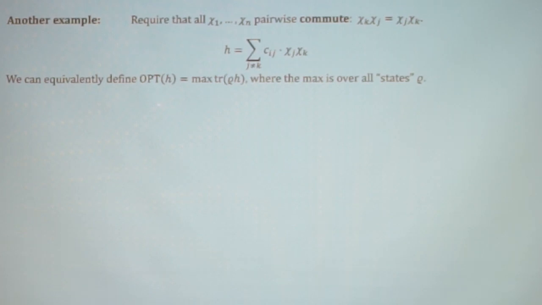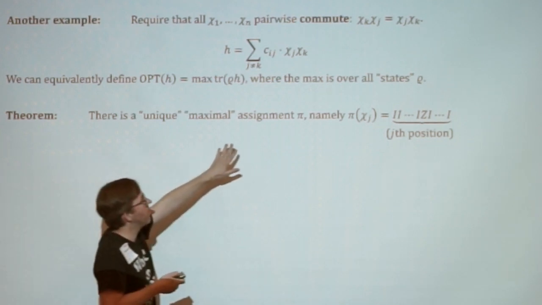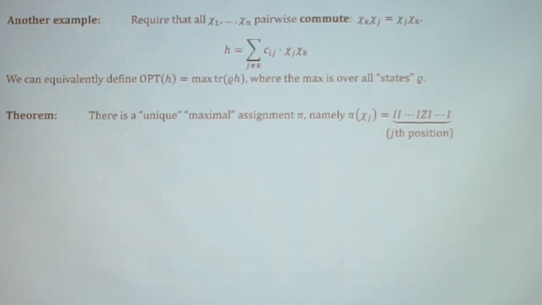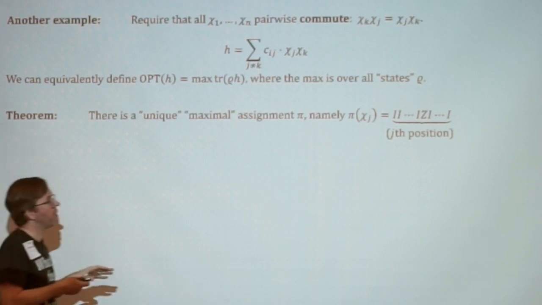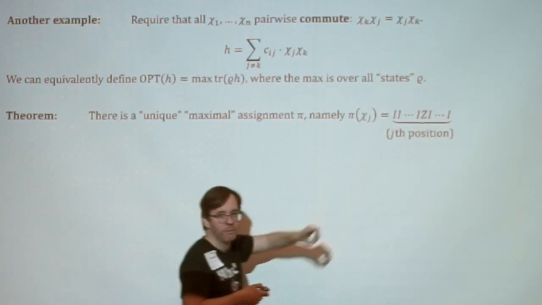But you can also see this at the level of polynomials. This is our definition of the opt. And again, in this world where they all commute, there's a unique maximal assignment pi of these symbols to matrices that encompasses all the distinct possibilities. Don't be too excited about the matrices, but it's the one that looks like a Pauli string with a z in the jth position.